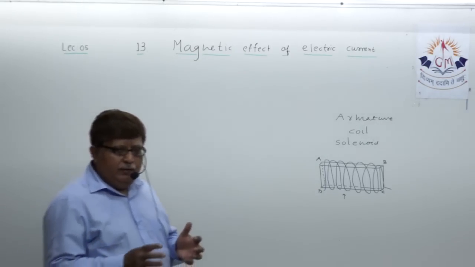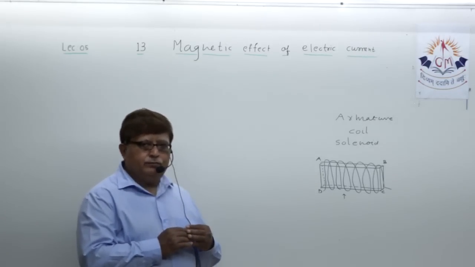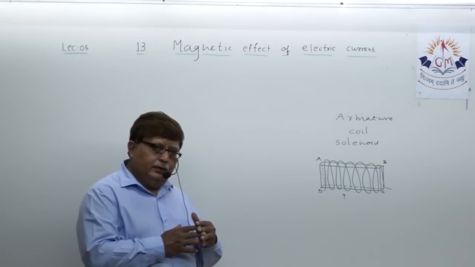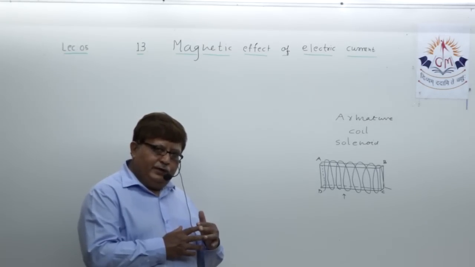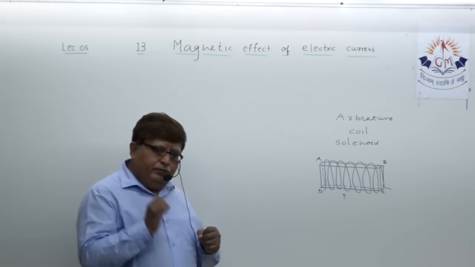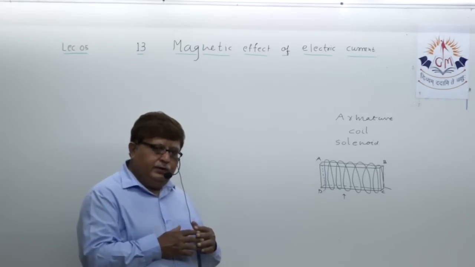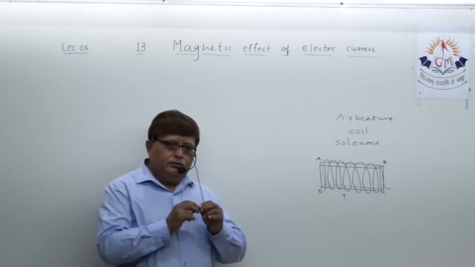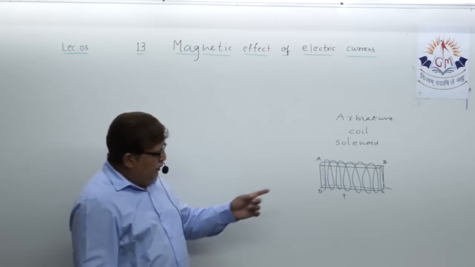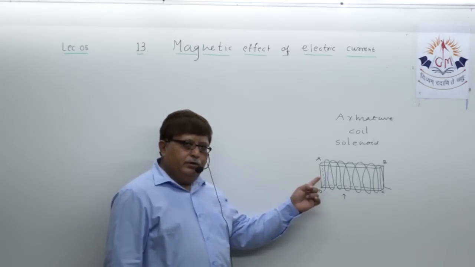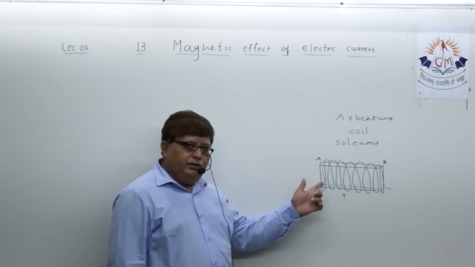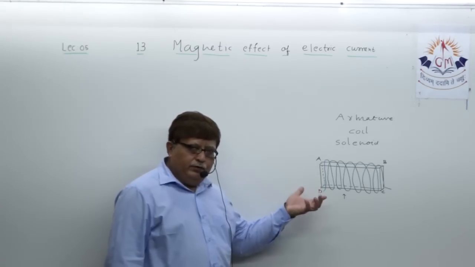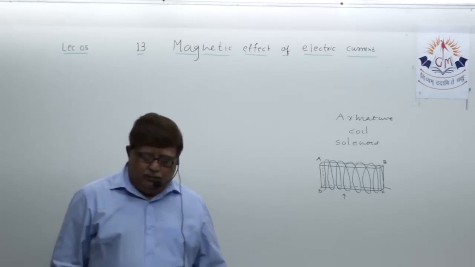In the construction of an electric motor, no doubt, we are going to utilize a horseshoe magnet, and inside the horseshoe magnet we are not going to keep a straight conductor, but we are going to keep such a rectangular coil of wire, which is also called an armature.